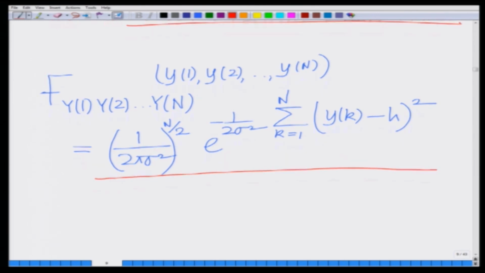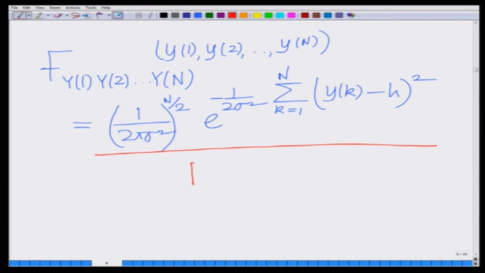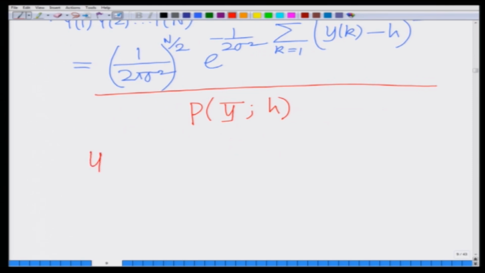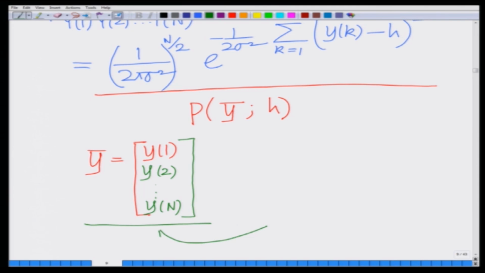Now what I am going to do is define this as the likelihood of the observations y bar parameterized by h, where y bar is the observation vector. Remember, we have multiple observations. So y bar is the observation vector y1, y2 up to yn, which contains all the observations.